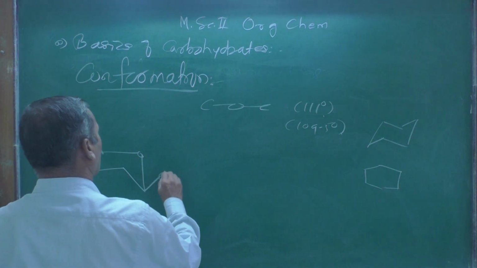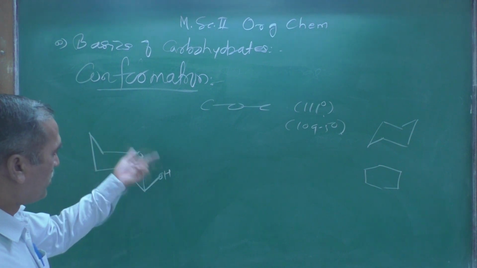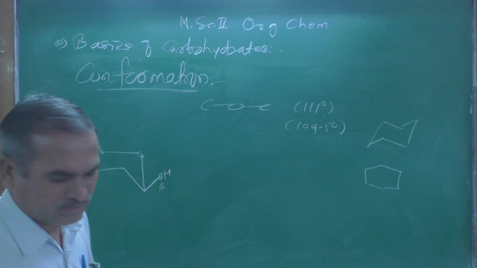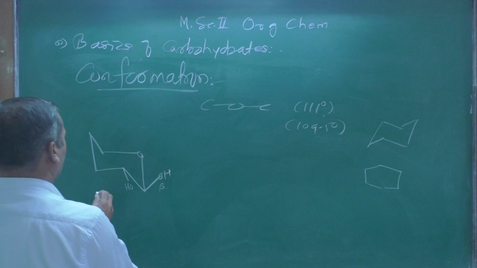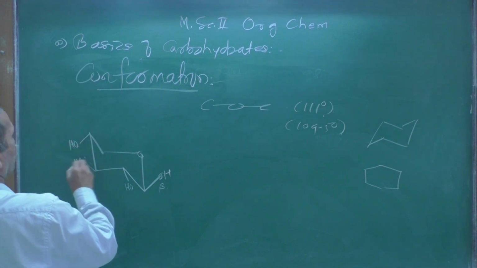Beta means that the hydroxy group at the anomeric position should be above the plane, on the beta side, and the rest of the hydroxy groups, as we know, are present at equatorial positions like this.